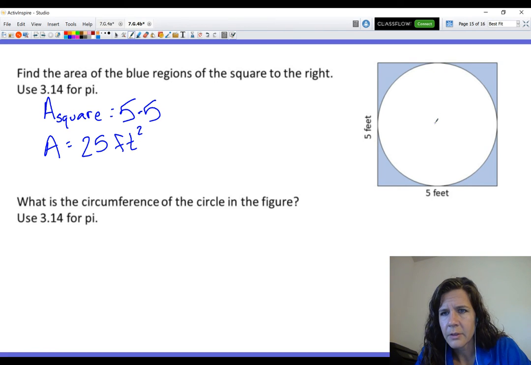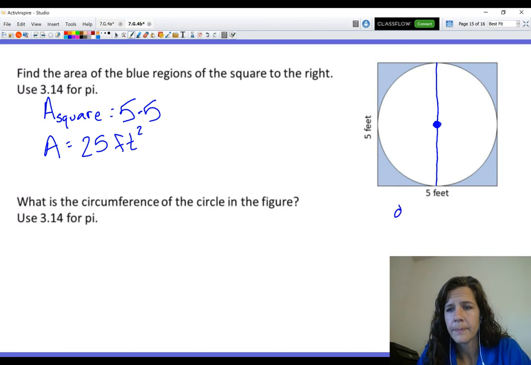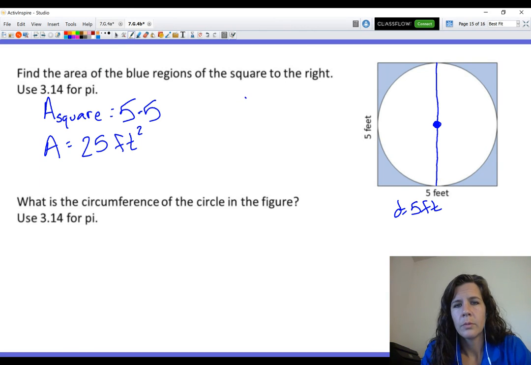Let's look at this. If this is the center of the circle, and this goes down through the center, then this length, the diameter, is going to be the same as this length. So the diameter here is 5 feet. So we'll put that over here.